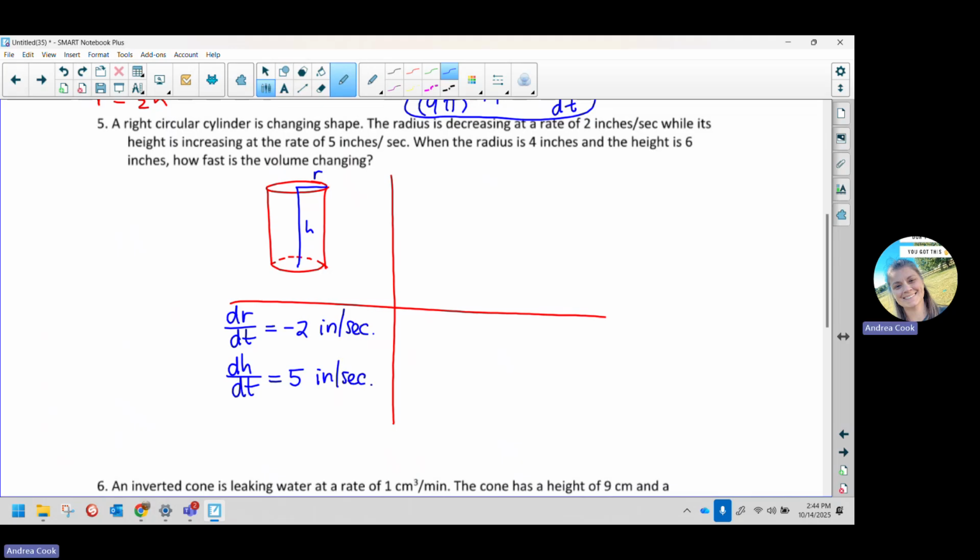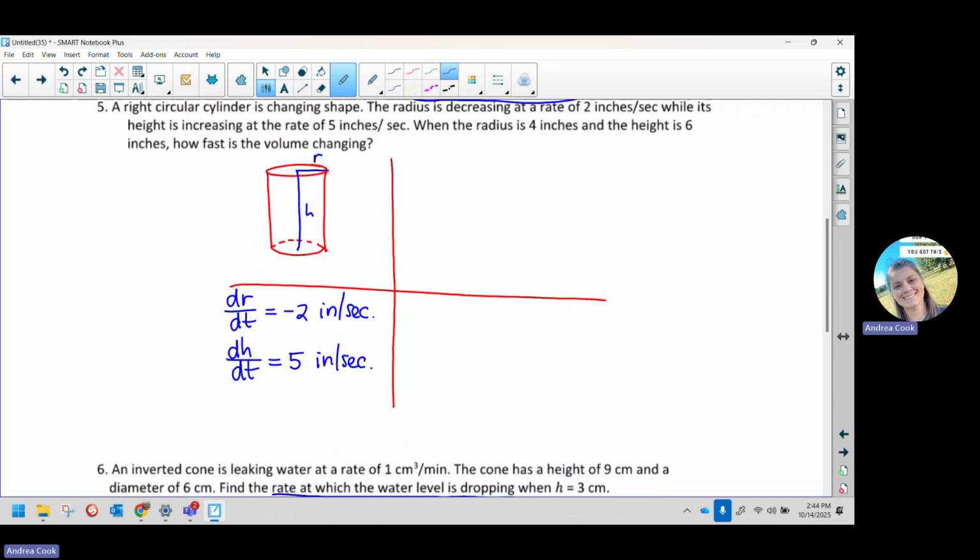And what am I trying to find? The rate of change in volume, so dV over dt, when r is 4 and h is 6.